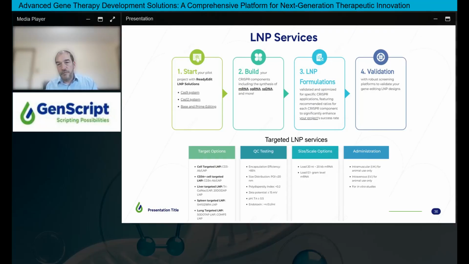We have a very strong LNP services offering. We have very fast and efficient LNP services that can start from selecting the enzyme, selecting the guide RNA, producing them as mRNA, packaging them together into the LNP, and delivering with very short timelines. In addition, we offer targeted LNP services.